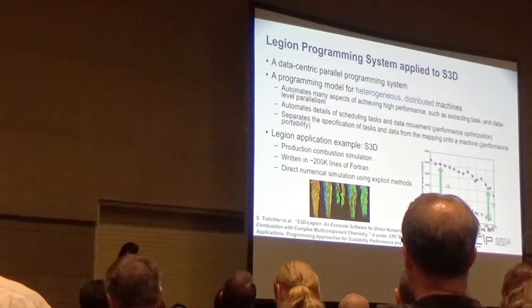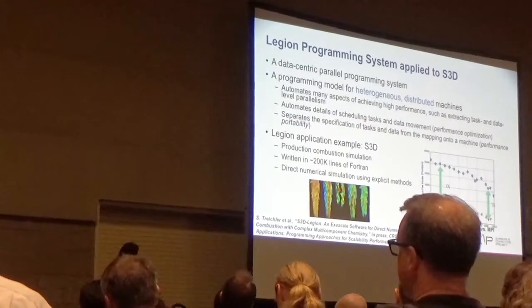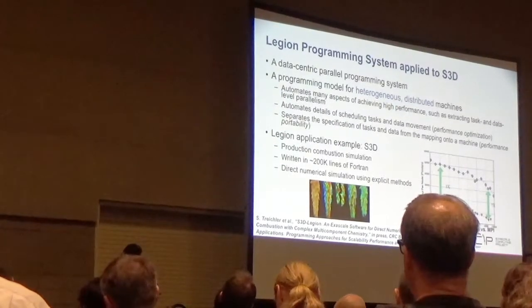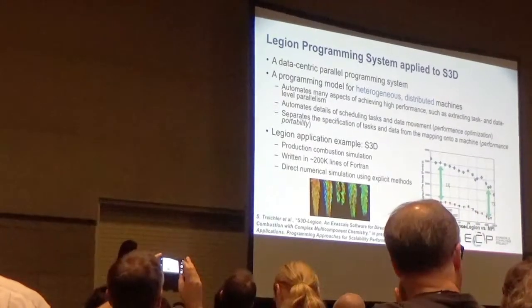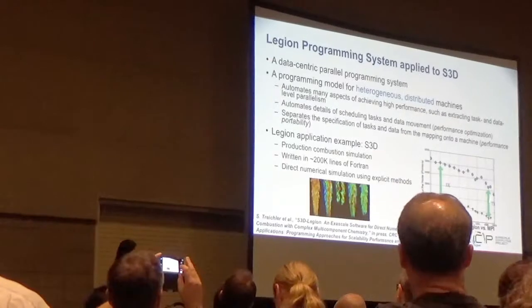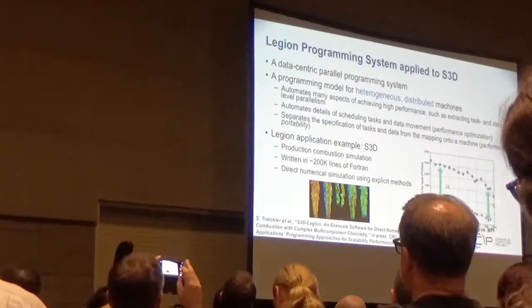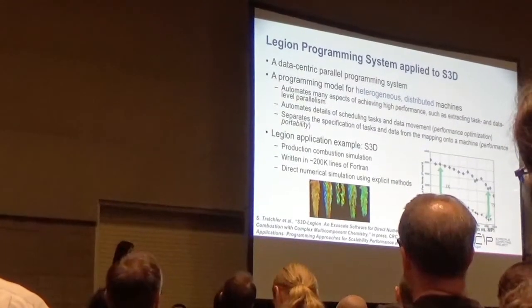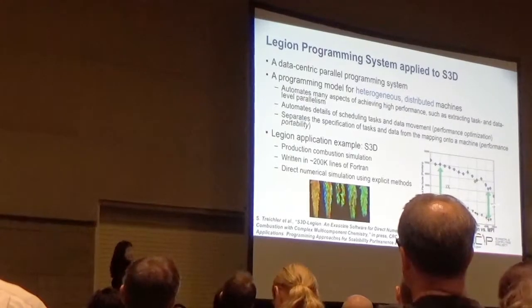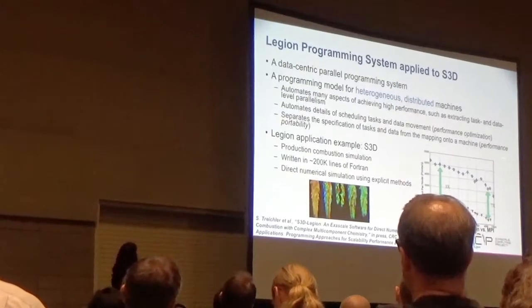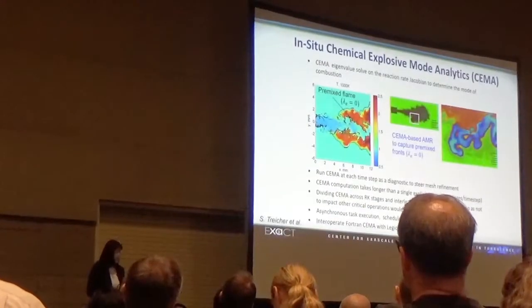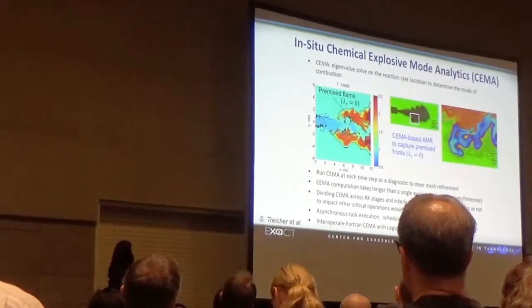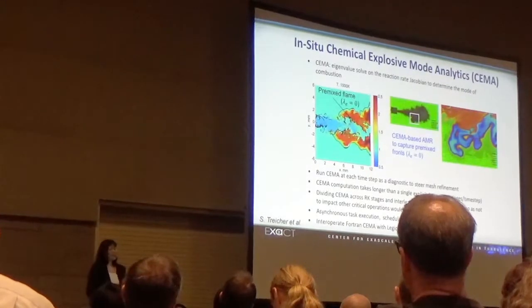And this plots the weak scaling in terms of the throughput versus the number of nodes. And what you can see is at one node, we get about a 3x performance increase, and at large node counts, we get an even better performance increase of 7x due to the ability of the runtime to hide latencies across the network dynamically.